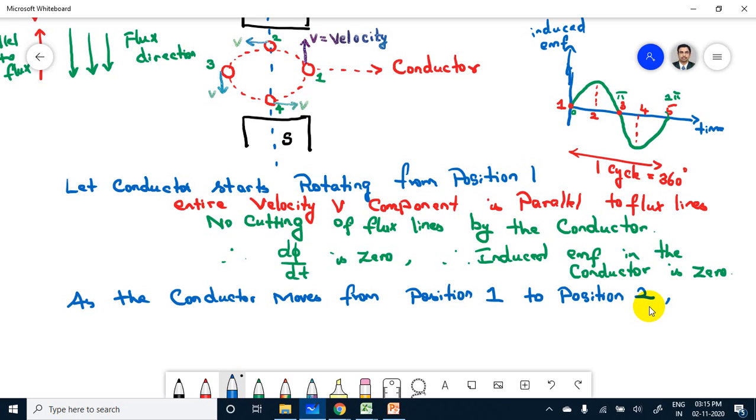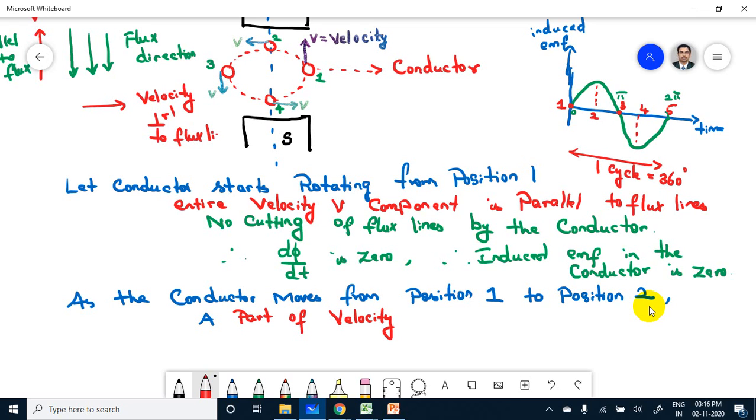Here a part of the velocity component, you see the velocity it is flowing horizontal, in this direction, is perpendicular to the flux lines.